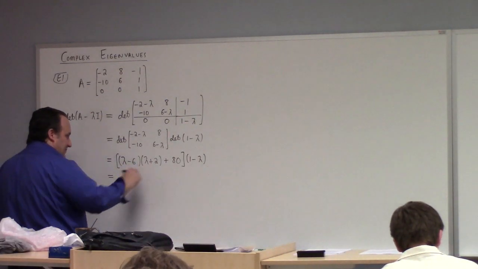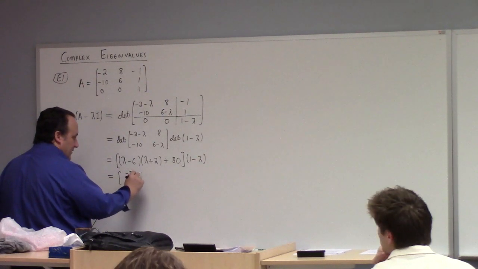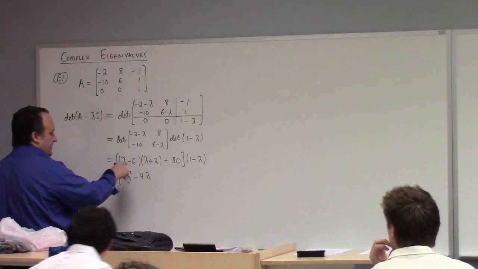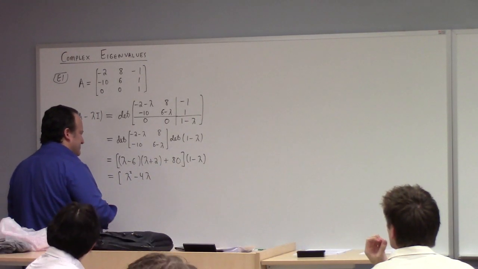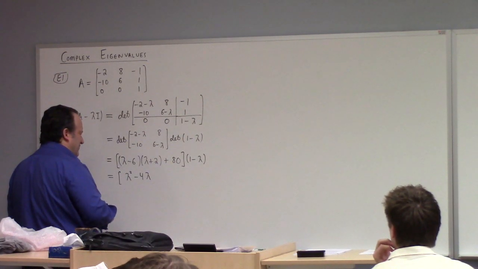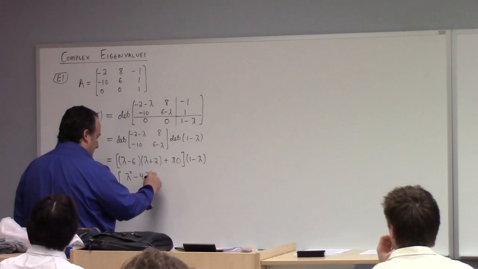On the other hand, we will multiply this out, and we've got lambda squared minus 4 lambda. That's a minus 12 plus an 80, which is what? 68, right? Plus 68 here.